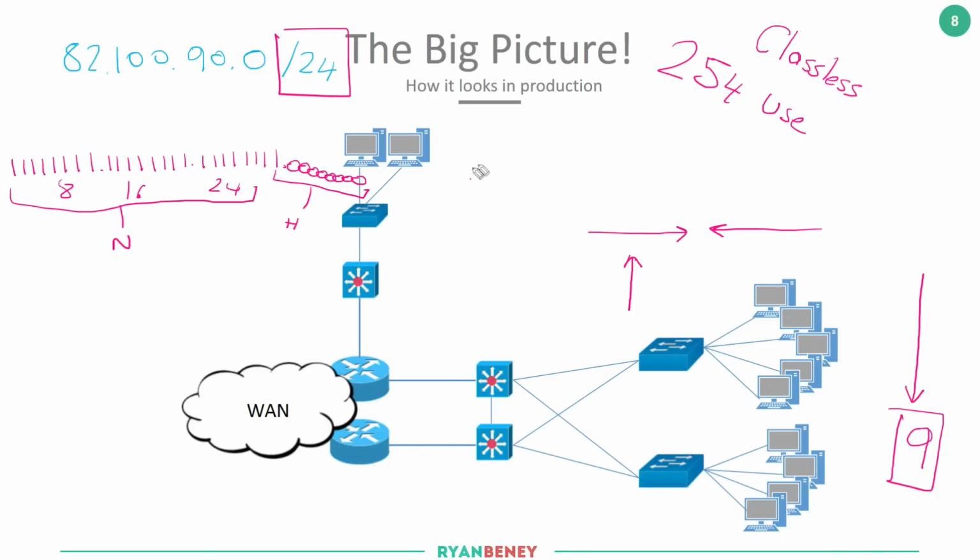So, doing our powers of 2 from left to right, we've got 2, 4, 8, 16, 32, 64, 128, 256. Now, in order to have 9, we know that we're going to at least have to look at turning on 16.